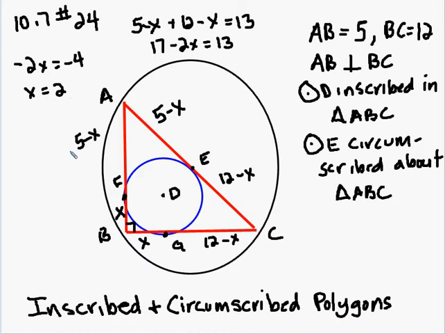If X is equal to 2, then AF is equal to 3. AE is equal to 3. And EC is equal to 10.